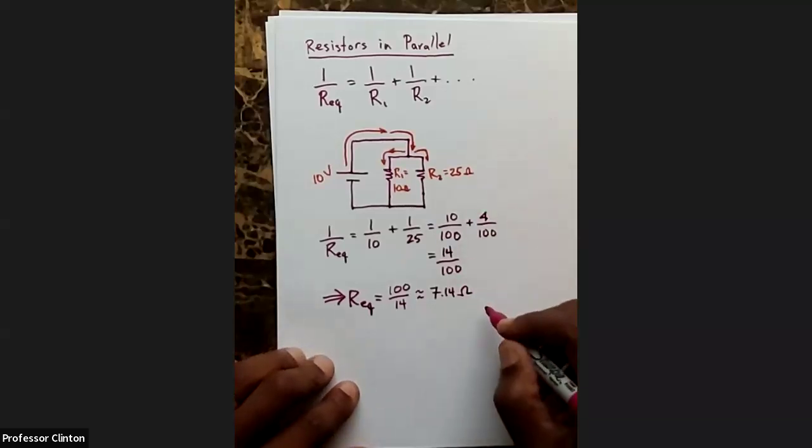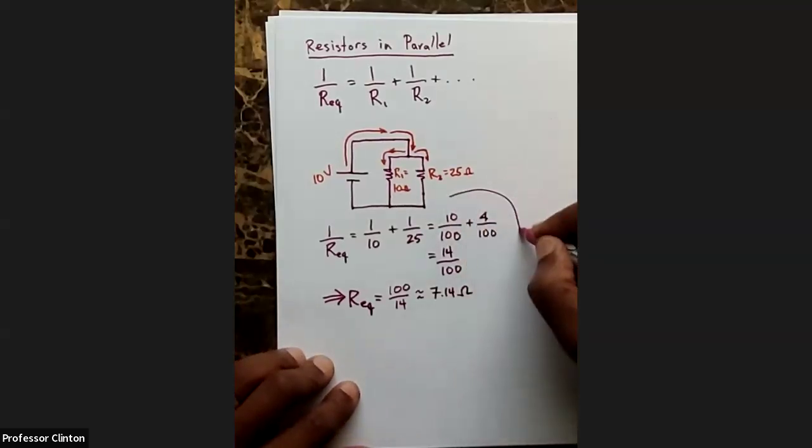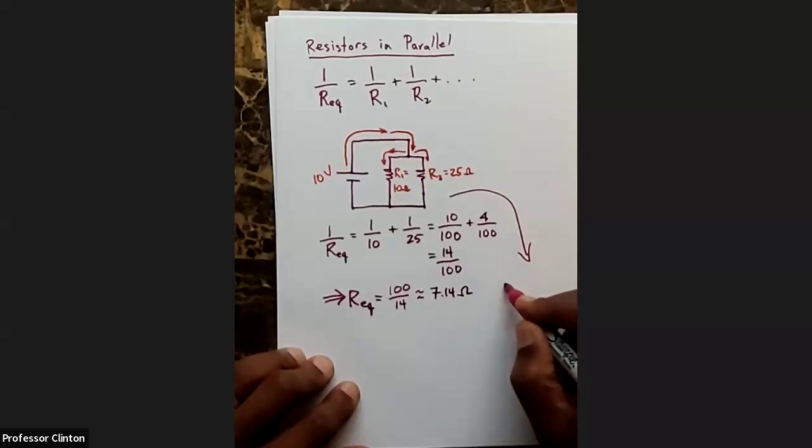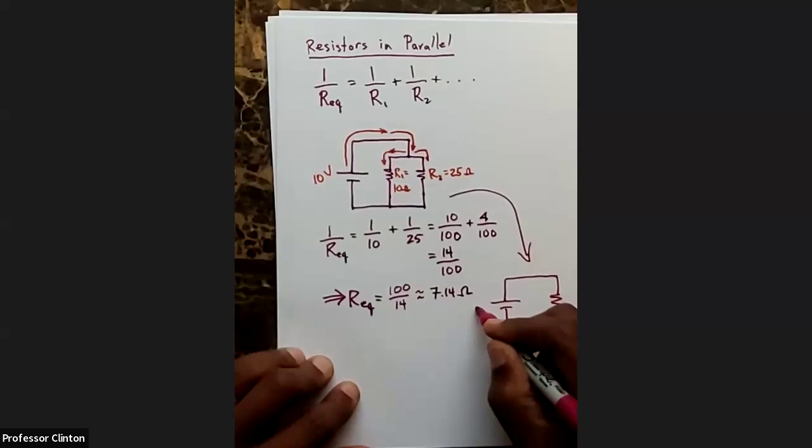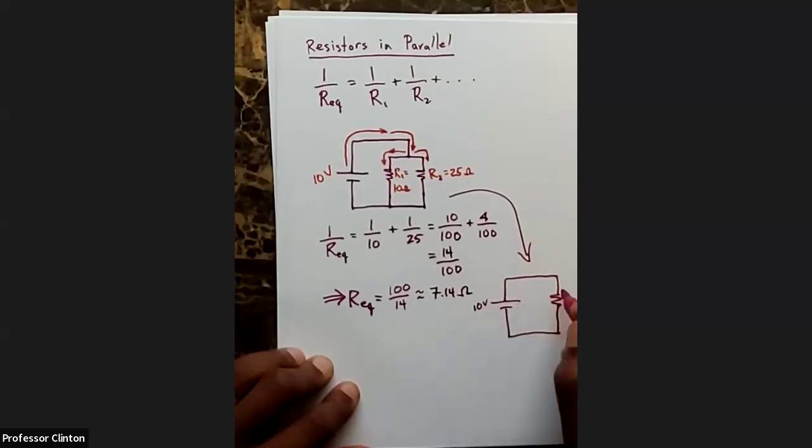So what this means is you would just take this, and our new equivalent system would look like this. We have 10 volts here. We have a new equivalent resistor that is of about 7.14 ohms.